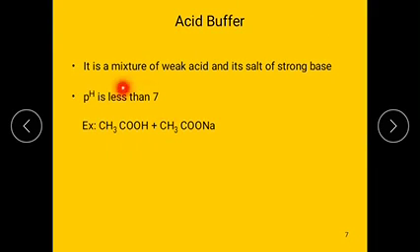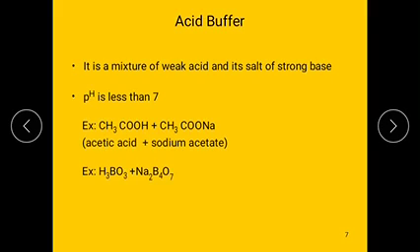Acetic acid is a weak acid; when it reacts with a strong base like sodium hydroxide, the salt obtained is sodium acetate. This mixture is an acidic buffer or acetate buffer. Another one is H3BO3, boric acid, and sodium borate or borax.